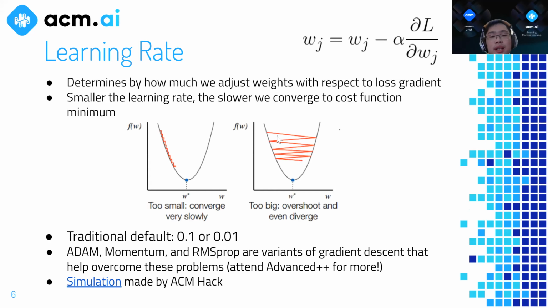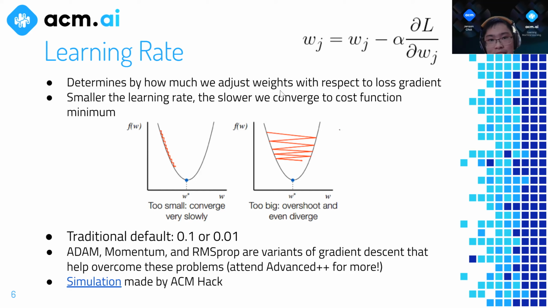The reason why picking an optimal learning rate is so important is because if we pick a learning rate that's too small, our loss function will take forever to converge. If we pick a learning rate that's too big, then our loss might overshoot the minimum and even diverge to infinity, which we talked about earlier. Traditionally, we just set the default for the learning rate to something small like 0.1 or 0.01.